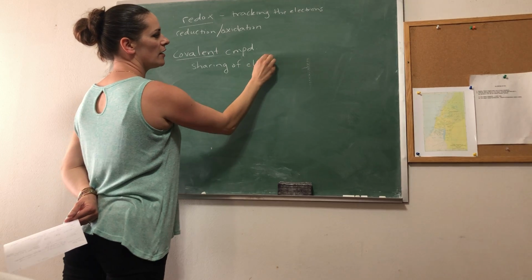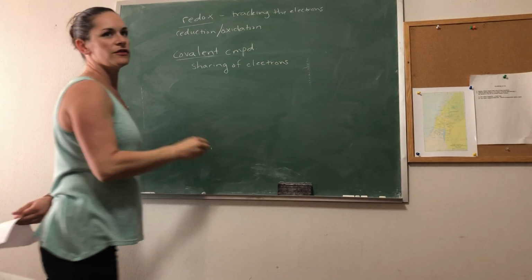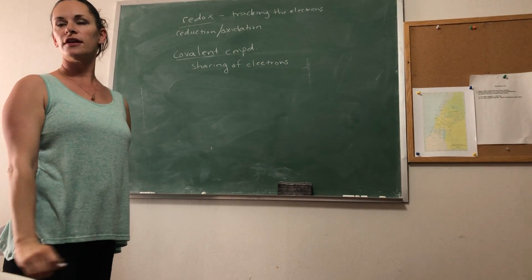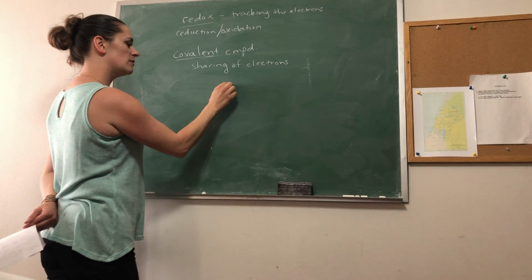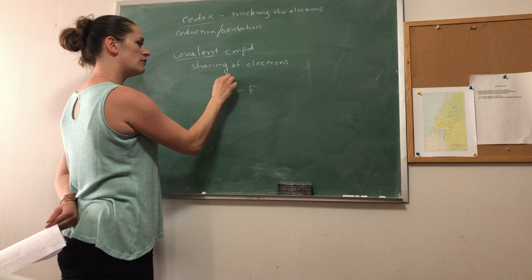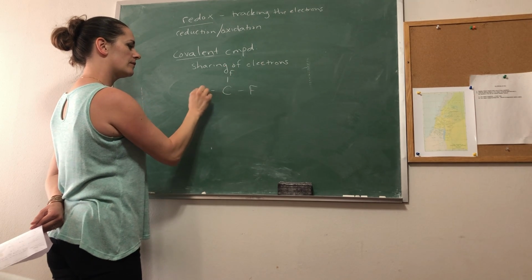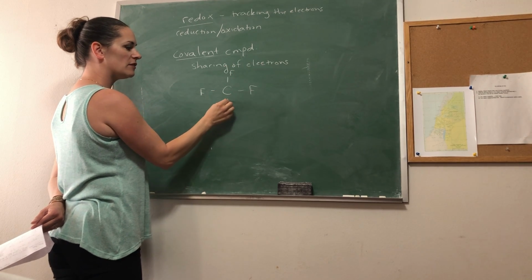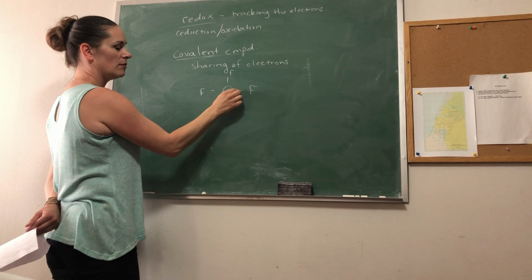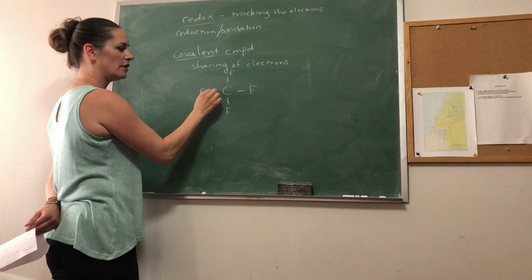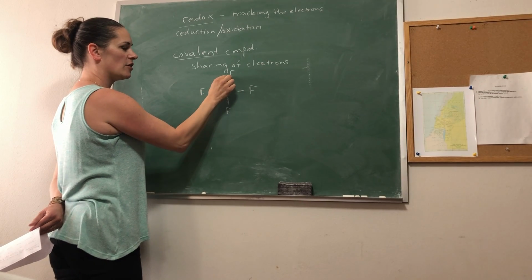So unlike the ionic compounds that we just looked at, there's not a complete transfer of an electron. There's a pair of electrons that are shared between elements. So in CF4, there's a pair of electrons represented by this line that's shared between the carbon and the fluorine. Each one has a pair of electrons.